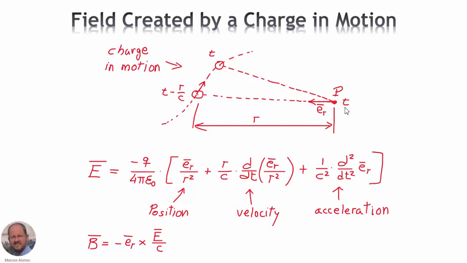The first thing that we have to consider in order to have a general expression is that if we want to calculate the electric and magnetic fields at this point at instant t, we have to consider not the position of the particle at the same instant t, but the position of the particle at the instant at which the radiation was emitted, which is the time instant t minus the distance divided by the speed of light, the speed of the radiation.